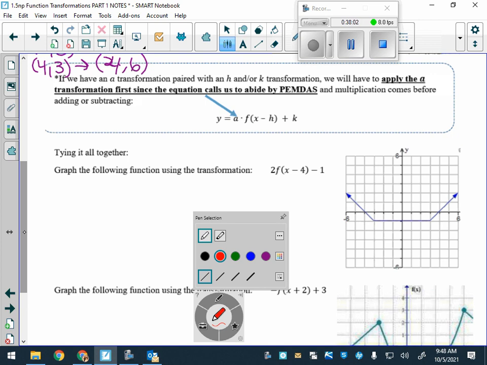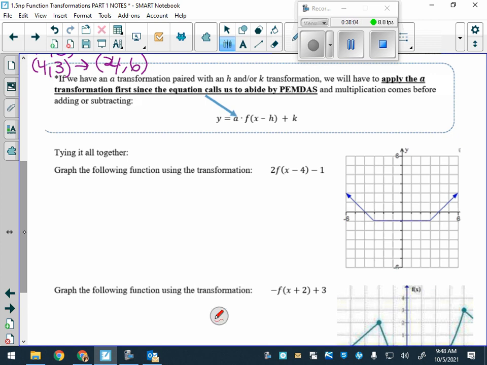So that's important. If you have a stretch or a shrink or a reflection, that has to happen first before you move up or down. So reflection, stretch, or compression has to happen first before you move up or down.